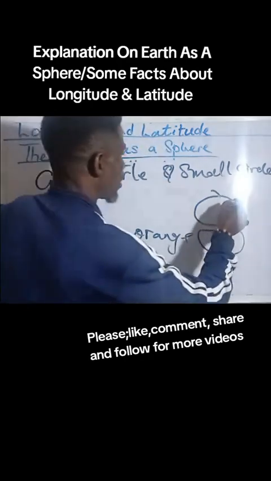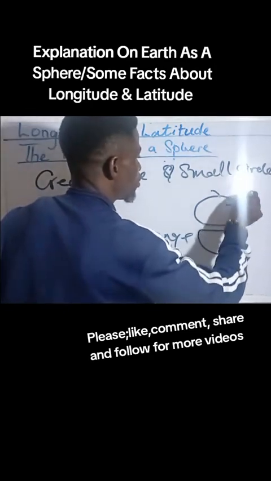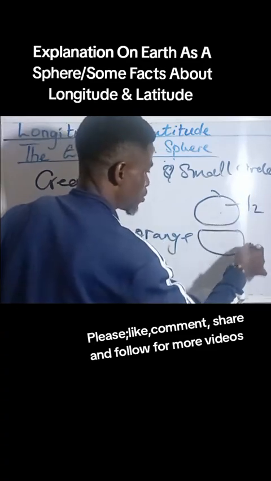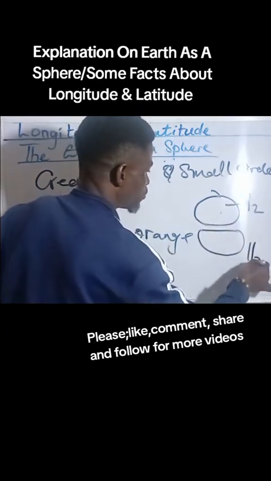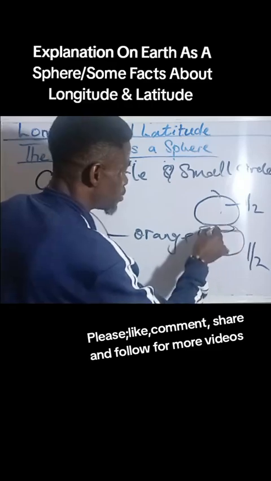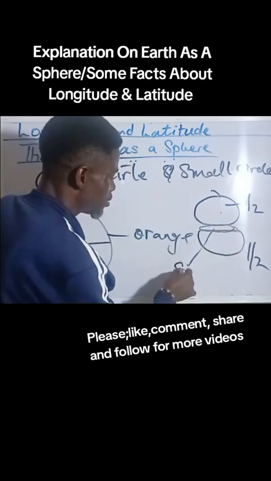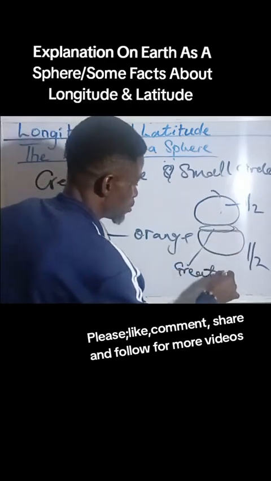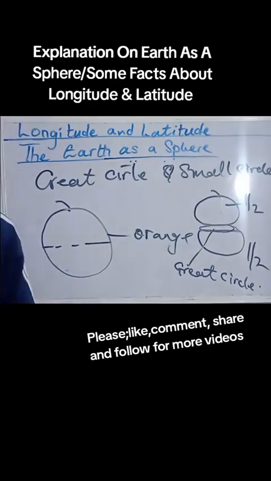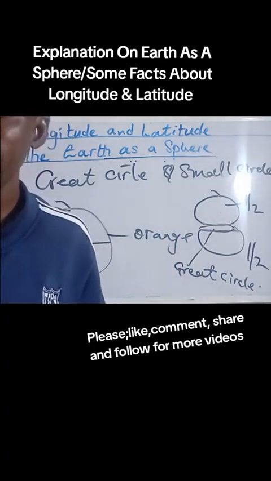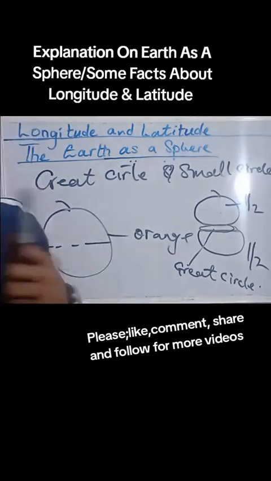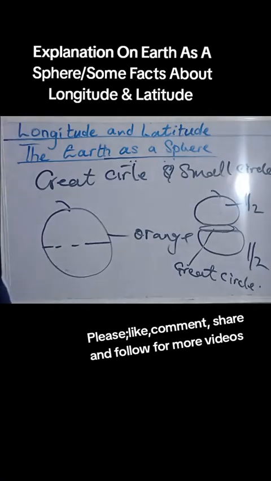This is one half of the orange. This is another half of the orange. Are you getting it? And this line is known as a great circle. That is the half of that orange. That circular part is known as great circle. The one you take that you want to drink is known as great circle.